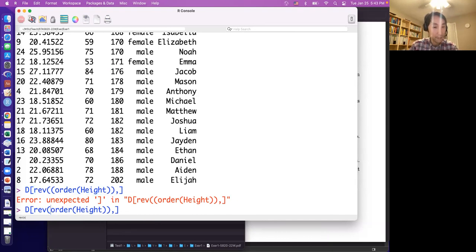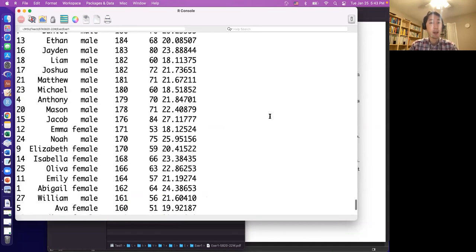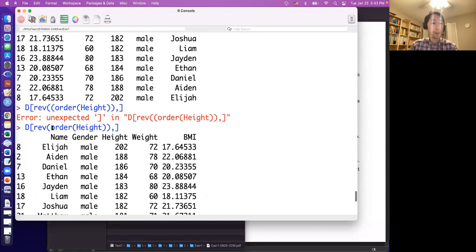Sorry, I made some trouble with the number of parentheses. Okay, so this way. So order, then we put the reverse, which just reverses the order of the vector, I mean the elements. So then we can get it this way. So it's the decreasing order in height.